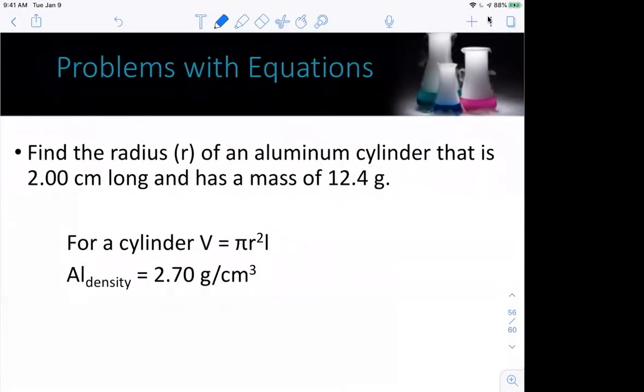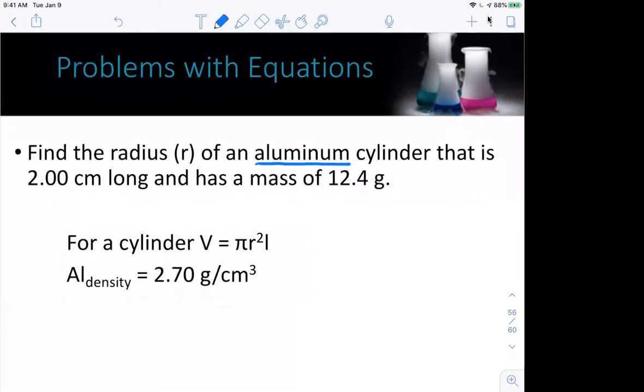Here's another problem that's a little bit more complicated. It also uses density, right? It says find the radius of an aluminum cylinder that is 2 centimeters long and has a mass of 12.4 grams. So I have this problem.